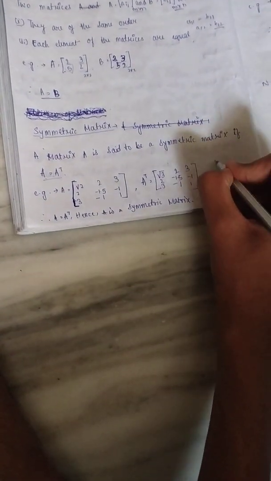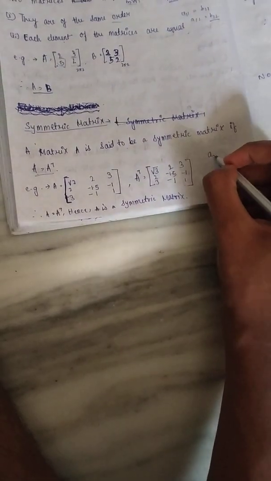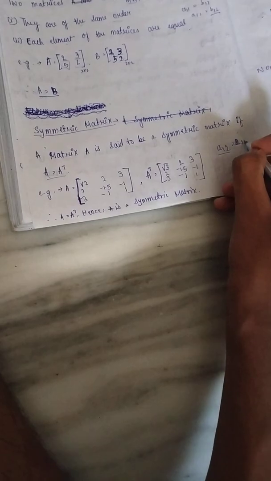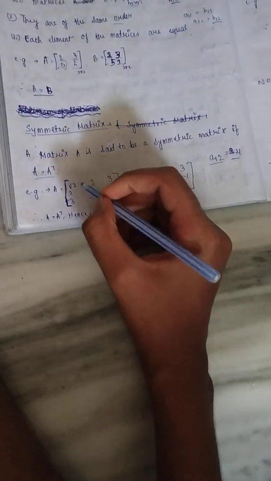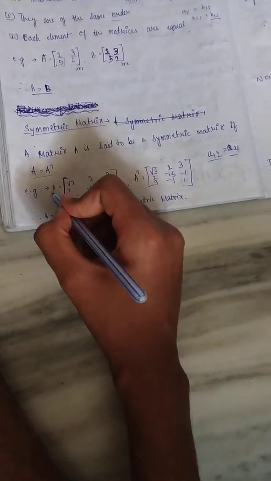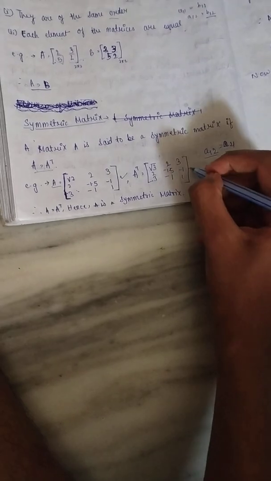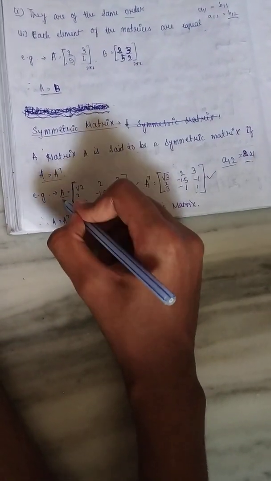What I mean by opposite elements is, suppose an element of the matrix is A12, this will be equal to A21. Suppose the A matrix is this one, and if we transpose it, it becomes this. Both are the same.